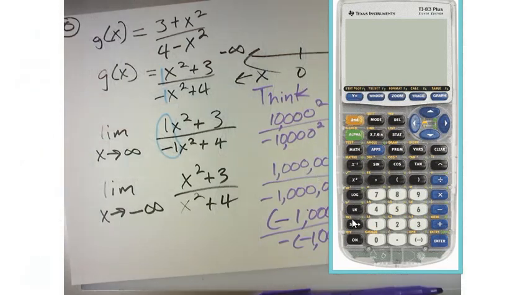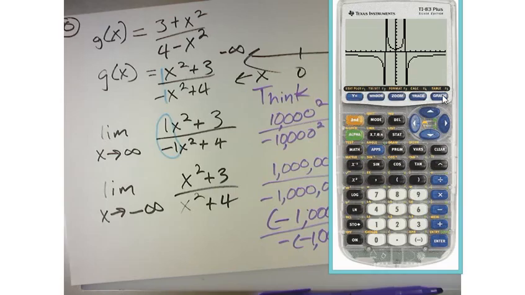Mind blown. Here we go. 3, and I'll enter it just the way it is in the book, just to make sure that Mr. Adams didn't goof it up too bad. And then 4 minus x squared. Here's my graph.